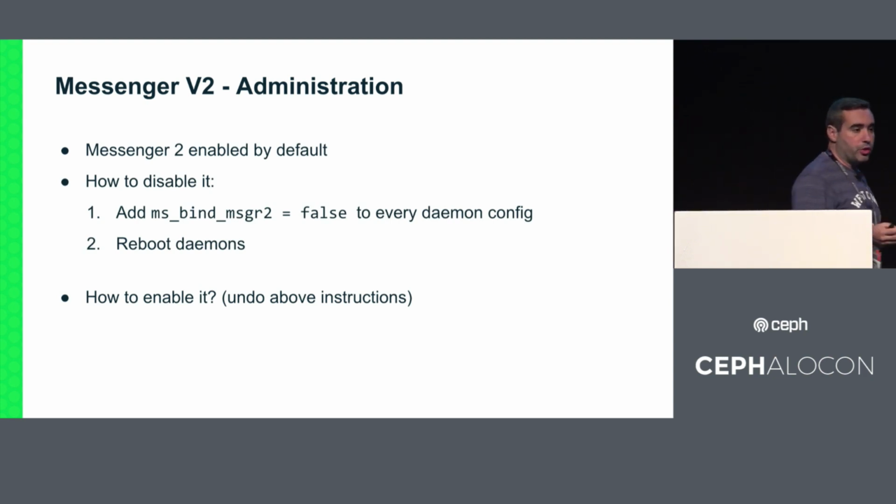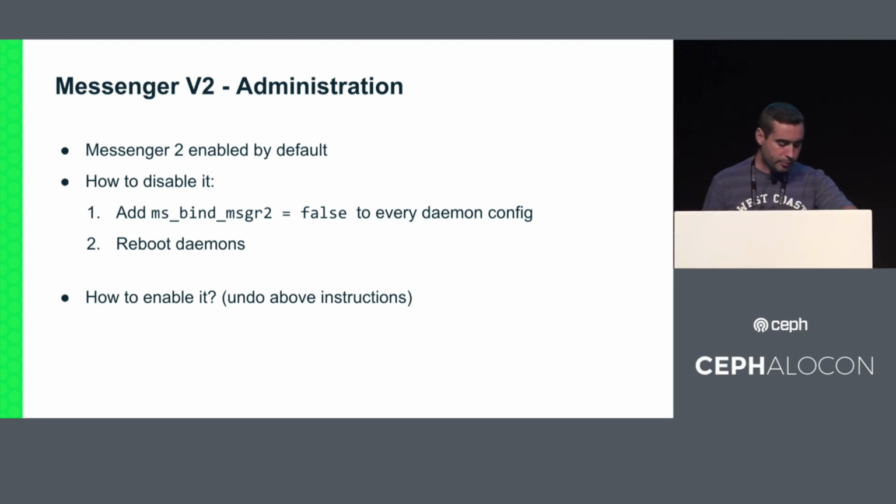So Messenger 2 is enabled by default. If you deploy a Nautilus cluster, the mons will immediately start listening on V2, and other daemons as well.